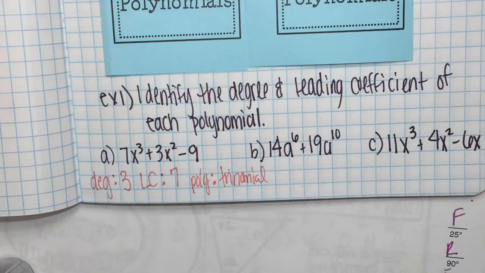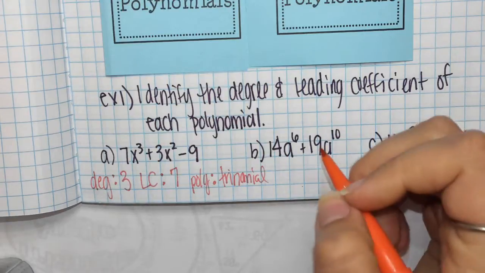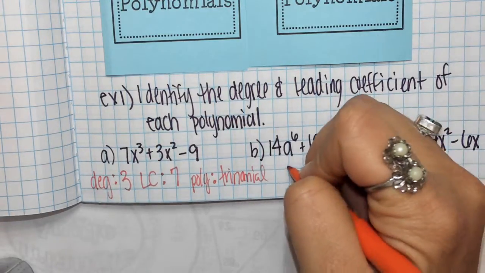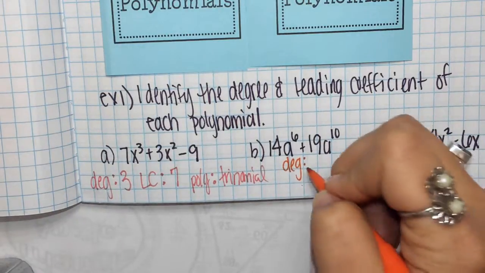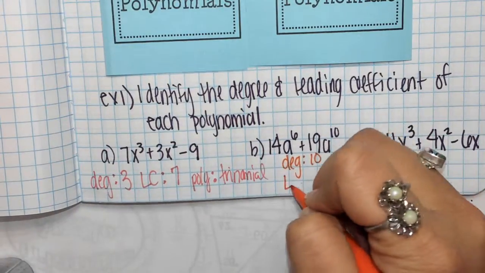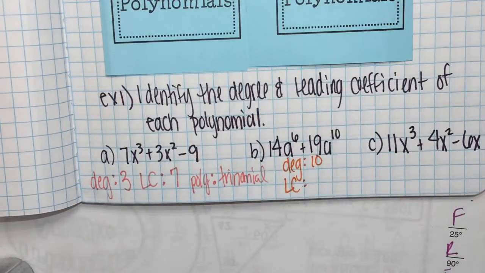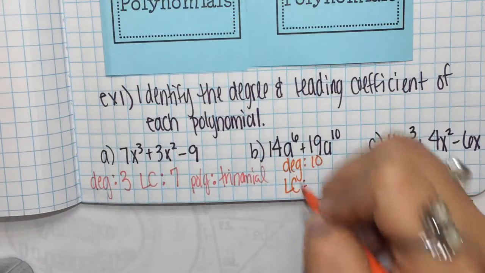So for B, B as in potato, what is our degree, Adam? 19. Look at you go. Take a point. What is our leading coefficient? Henry. 14. That's what you meant. Good.